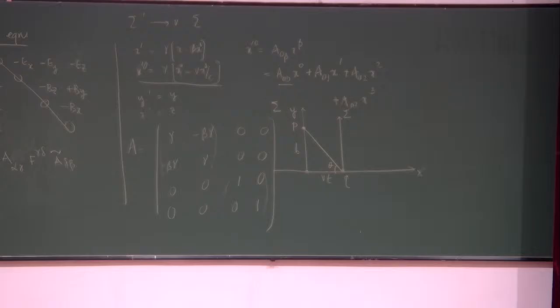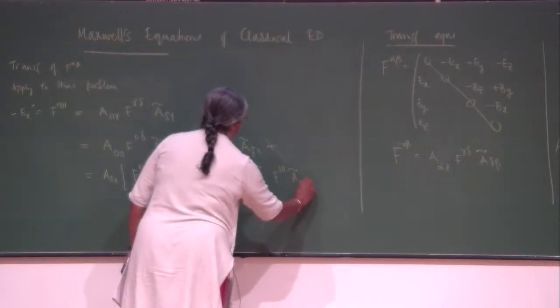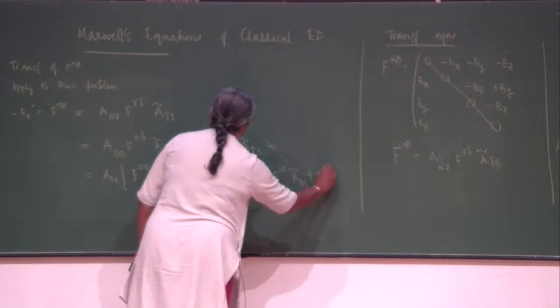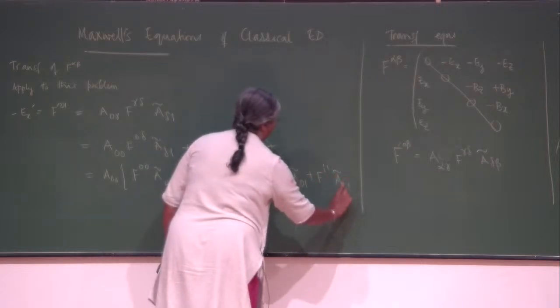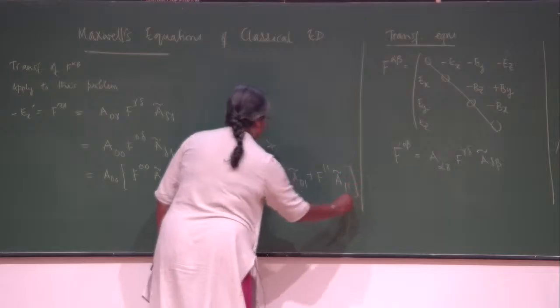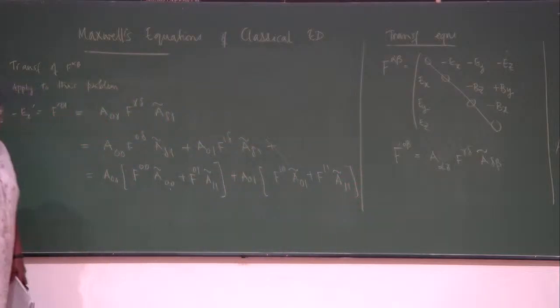Then what happens when delta is equal to 2? 0, delta equal to 3. So there will be very few terms remaining. You have to just work this through. What happens to F11? What is F11?